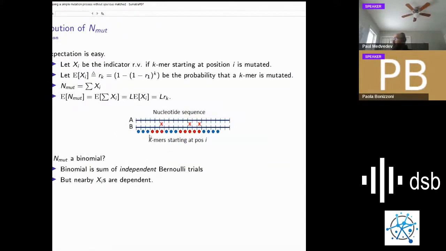And the way you can see that is that nearby xi's are dependent. If my neighbor xi plus 1 is mutated, that increases the chance that I'm mutated. And this is because the kmer mutations occur in these clusters. But observe though that far away, the xi's will be independent.